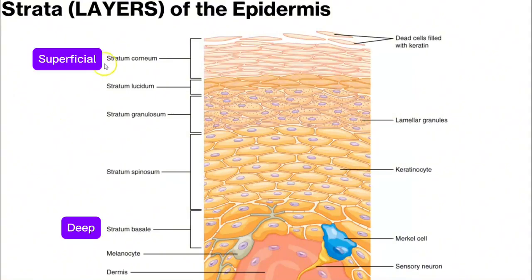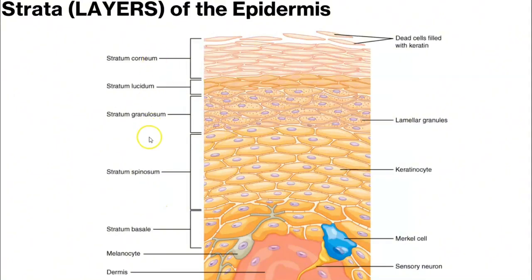From superficial to deep, you have the stratum corneum, the stratum lucidum, the stratum granulosum, the stratum spinosum, and the stratum basale. If the question asks you from deepest to most superficial, you would go in the opposite direction. You also should know that the stratum lucidum is only found in thick skin.